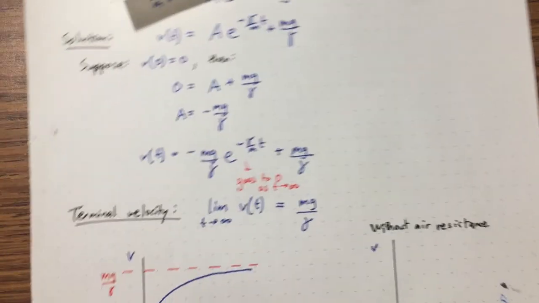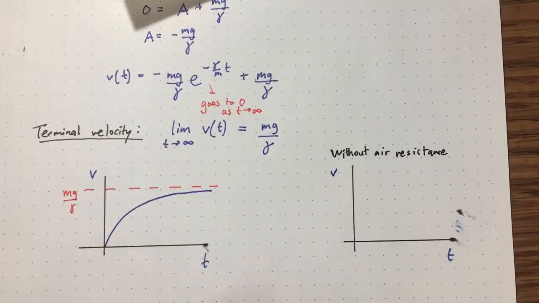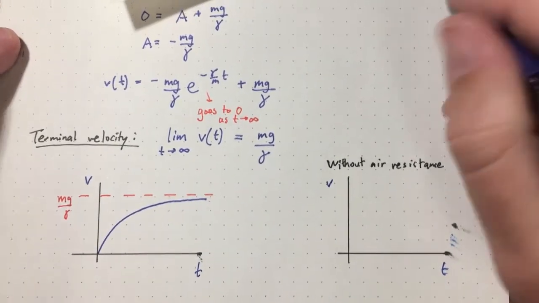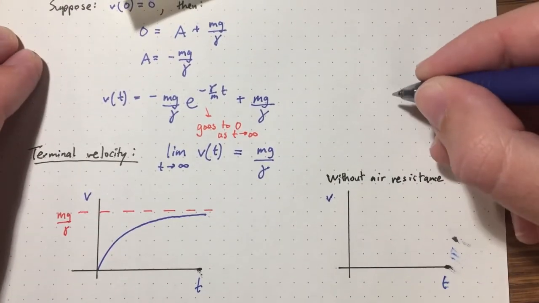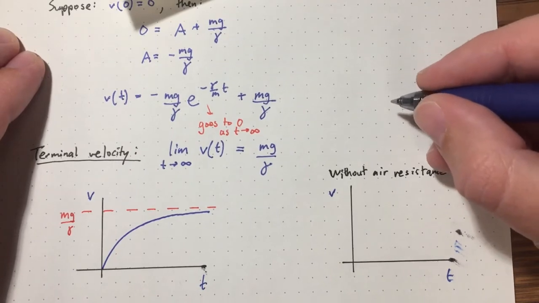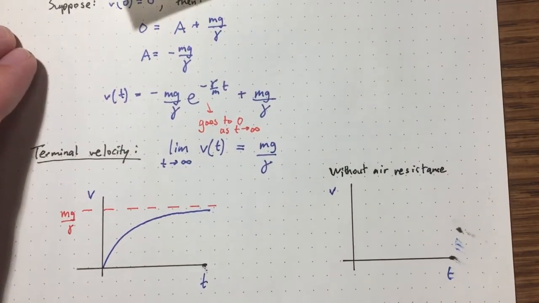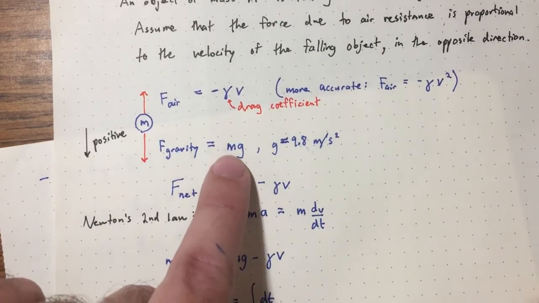What is the velocity going to look like there? In that case, the only force we're considering is the force due to gravity, mg.